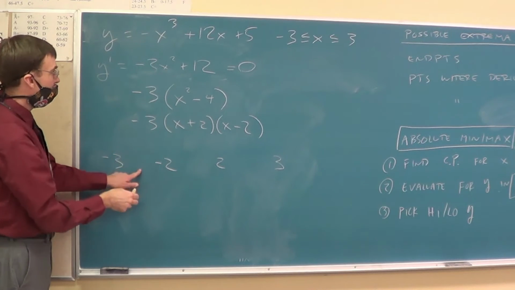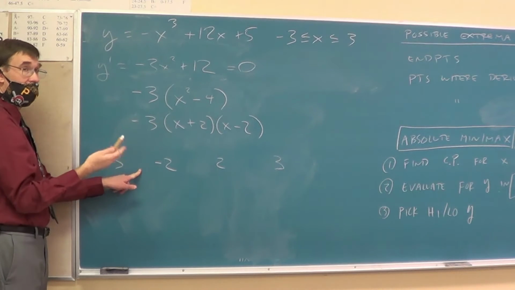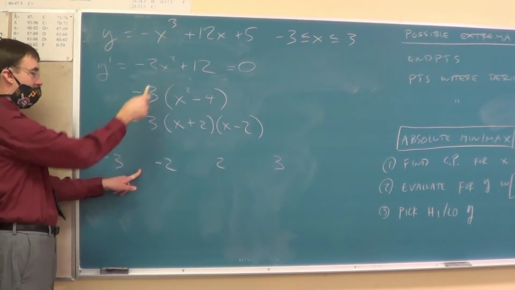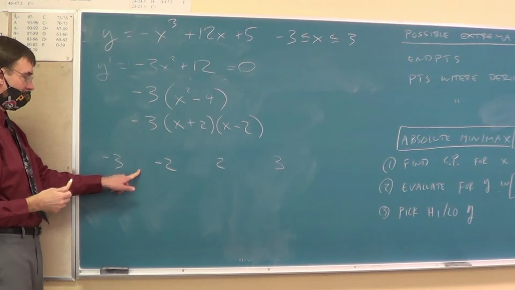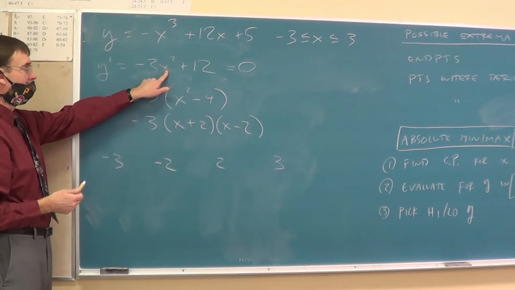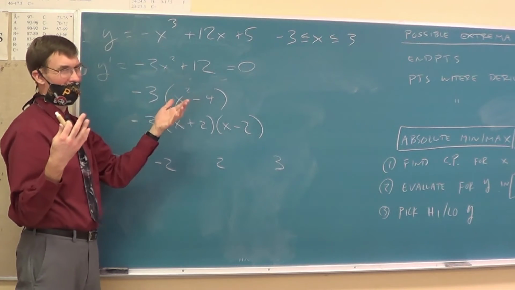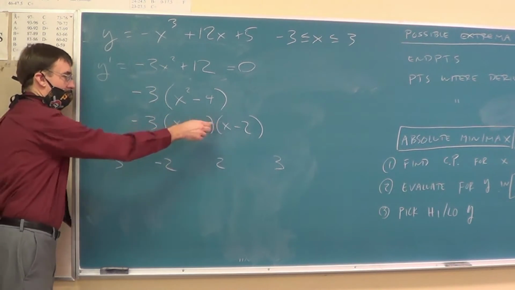It's going to be easier to put it into this to decide on positive, negative signs than it would be to go here. Because if you're imagining negative 2.5, you probably don't want to square it, multiply by negative 3, and add 12 and try to estimate what that is. It's a lot easier to go into these factors.